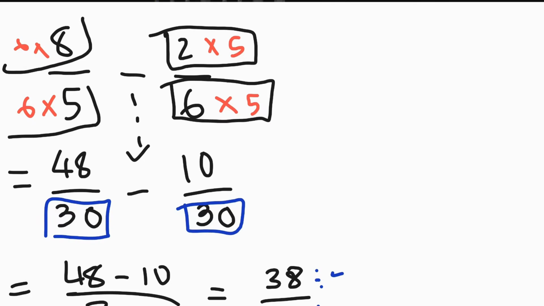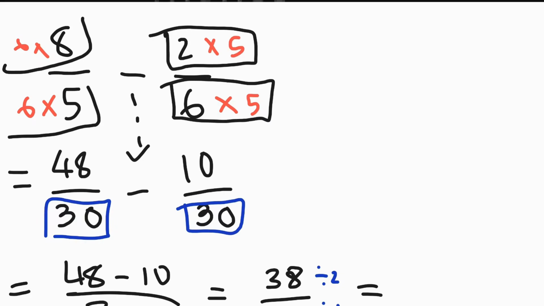Apologies here, let me just get this right. That's your 2 there and your 2 here. Divide by 2, divide by 2. So that's going to give you 38.